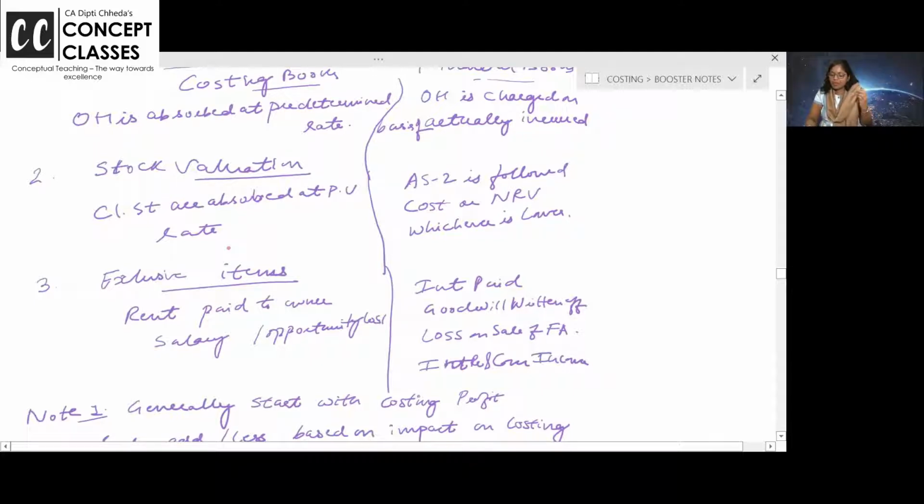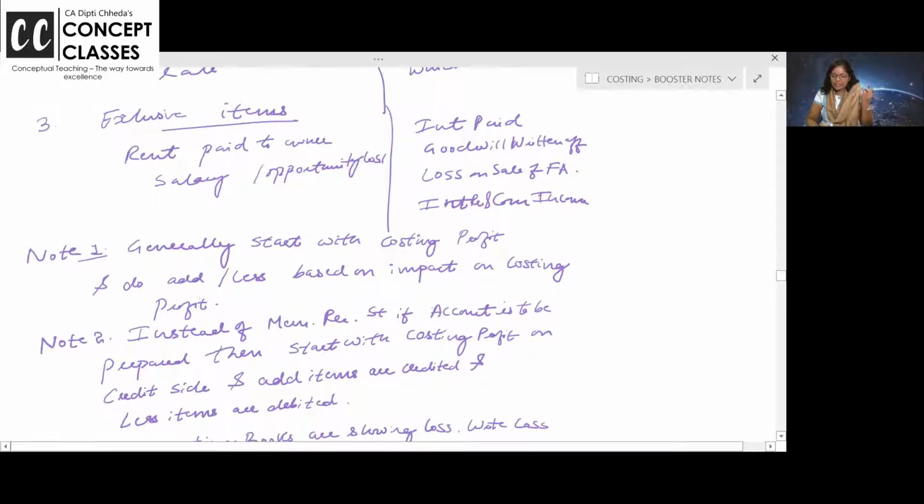In financial books, closing stock is valued as per AS 2. In costing books, you don't usually take the rent paid to owner and opportunity cost. In financial books, you do take loss on sale of fixed asset, goodwill written off, interest income and all.